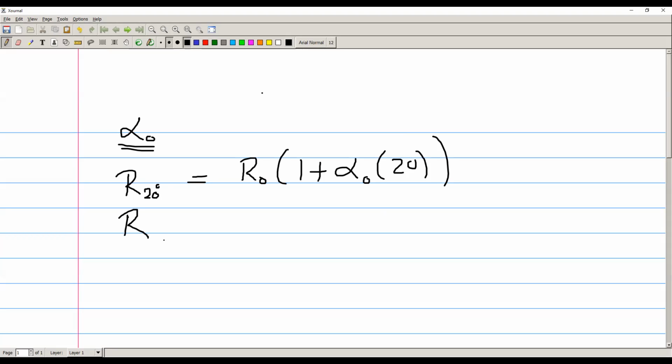If I want to calculate R at 30 degrees, then it's going to be R0, R at 0, times 1 plus alpha 0 times 30.